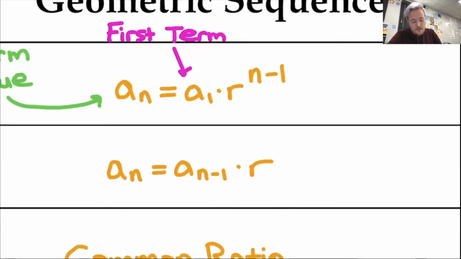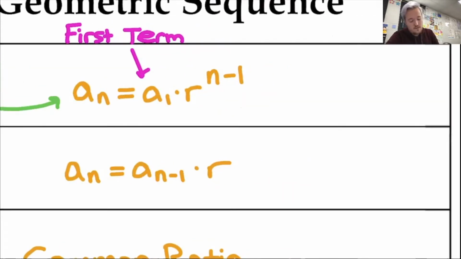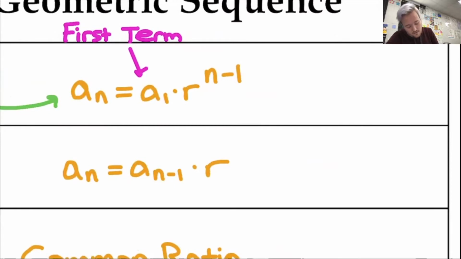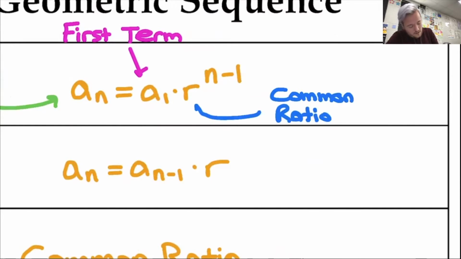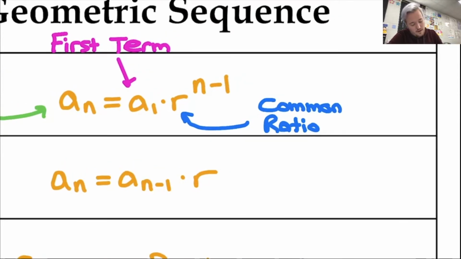And then instead of a common difference, we're going to have a common ratio. So we have a ratio, which is your R value, instead of a difference because we're multiplying. And then your N value here is going to be your indicated term.